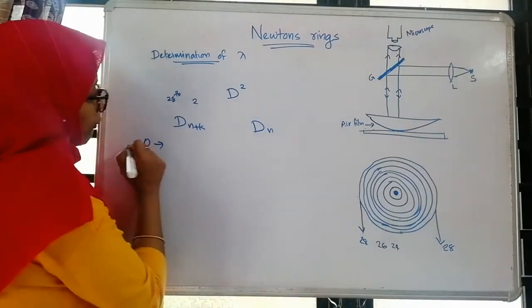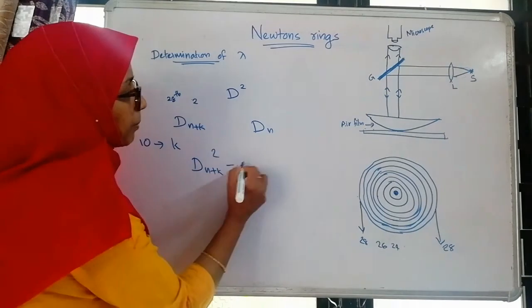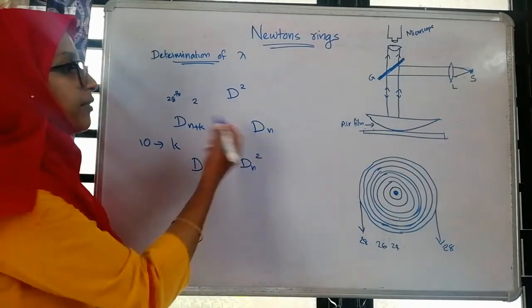By setting the value of k equal to 10, we can find D(n+k) square minus D(n) square. So this can be found like this.